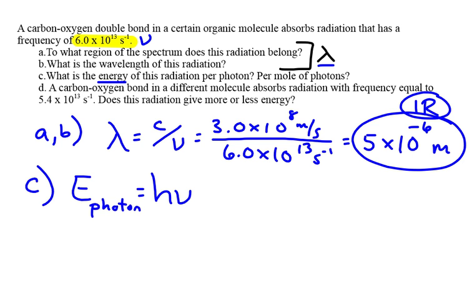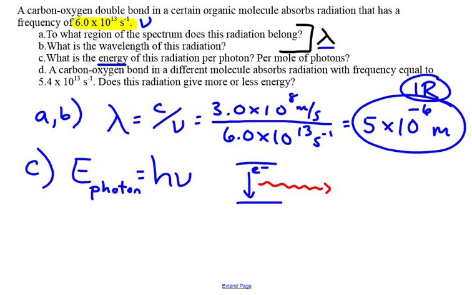That's what this equation is. When that electron actually falls, a photon of energy is released. So you plug that in, and you should get a value. And then I want to talk about what it means per mole.